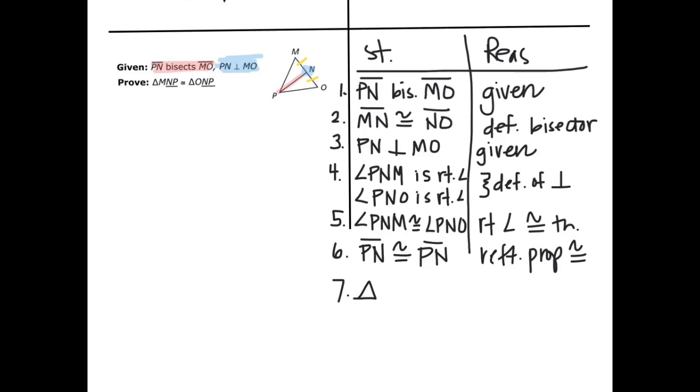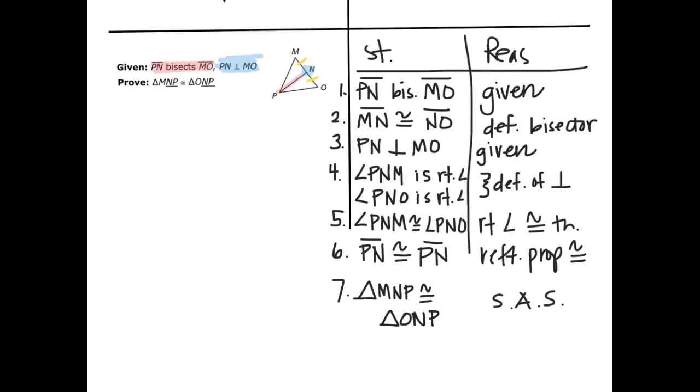For me, sometimes it's easiest to start with this one right here and go M, N, P. We want to say that triangle MNP is congruent to triangle, and now we have to go back and make sure we do the same order, ONP. And that was my side, angle, side.